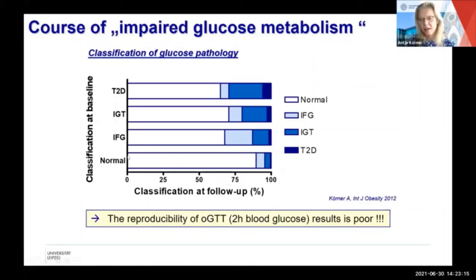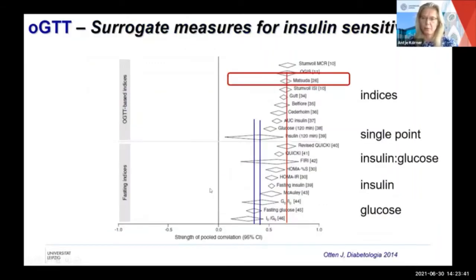And then at the follow-up assessment doing the same test, you see that even in those children who have been diagnosed with type 2 diabetes, about 70% of those have a normal OGTT, and they haven't been treated with pharmacological medications or a very severe intervention. So using those parameters, the reproducibility is rather poor.